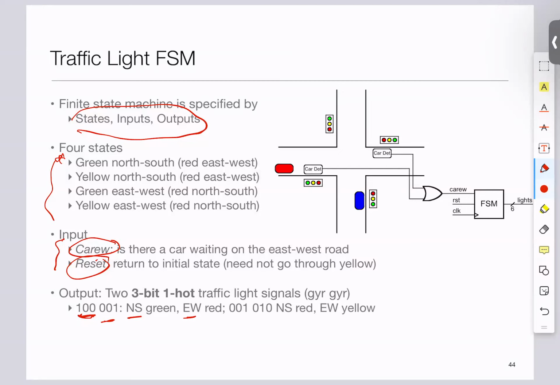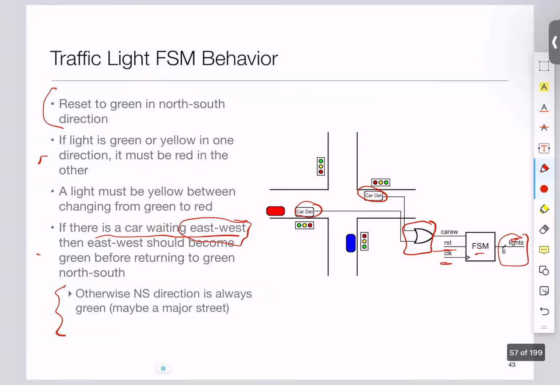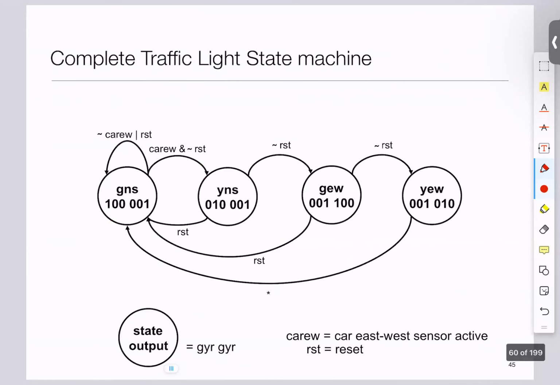But again, we have all the information out here. We were given all the information, so we're going to work through that now. Let's see how that works. What we do is we lay out our 4 states. We can just give them names corresponding to what is happening. So state 1 is GNS, which stands for green north-south.